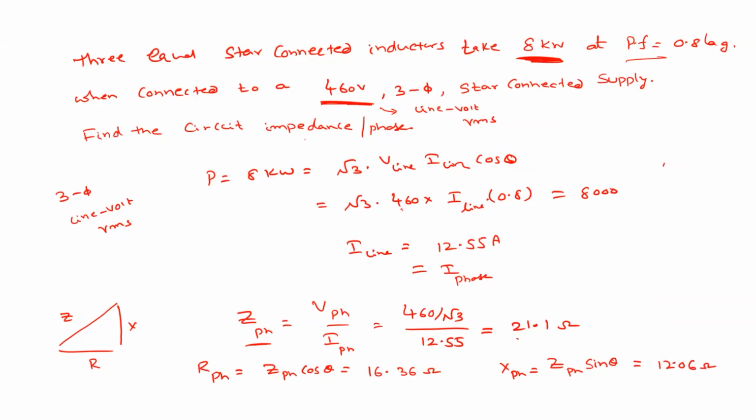Okay. So that means what is the impedance? Z phase is 16.36, plus or minus sign? This is inductance, so the sign is positive, plus J 12.06 ohm. So this is the impedance of the circuit.